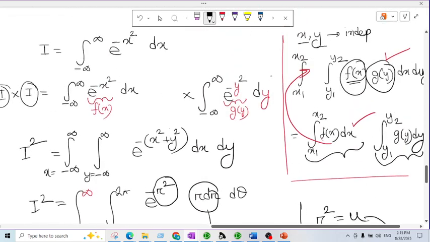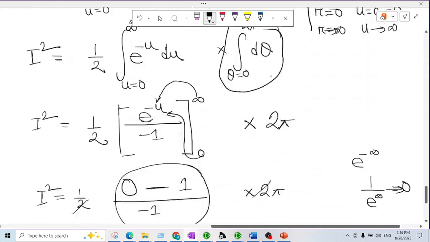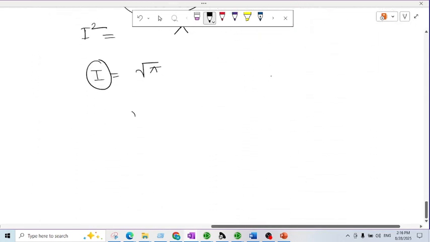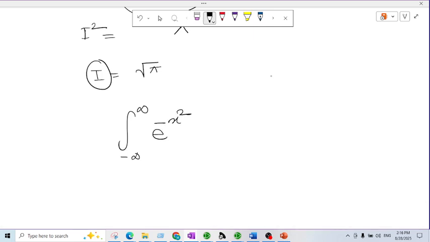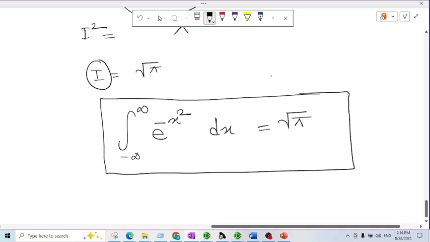If you remember, I is the integration we are finding: minus infinity to plus infinity e to the power minus x square dx. This is actually root over pi. So we have found the value of this integration.